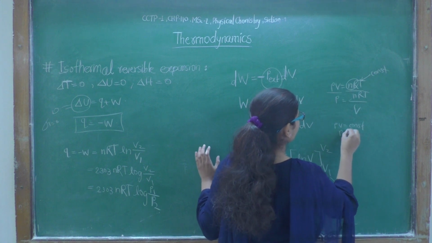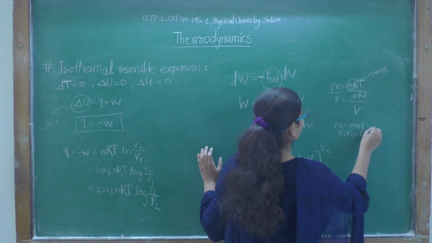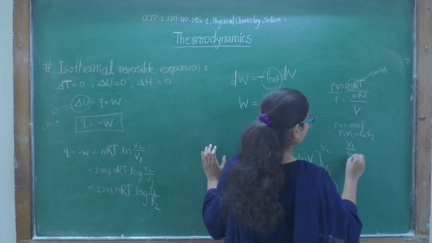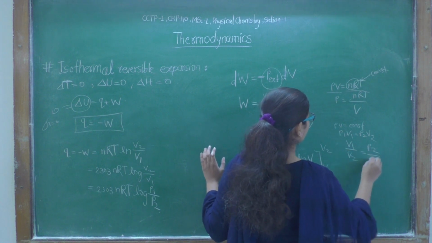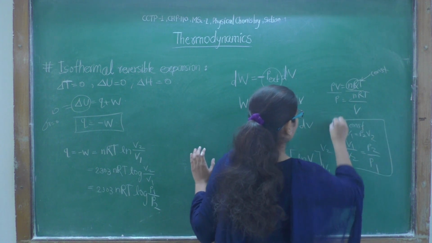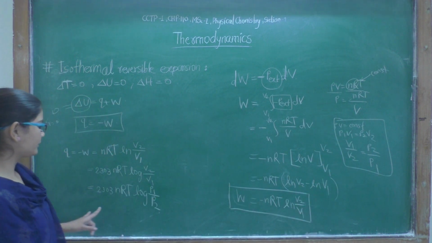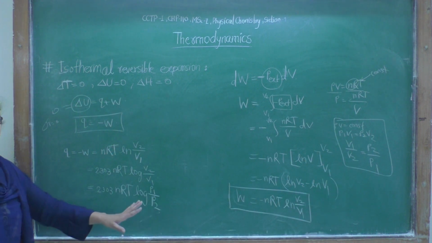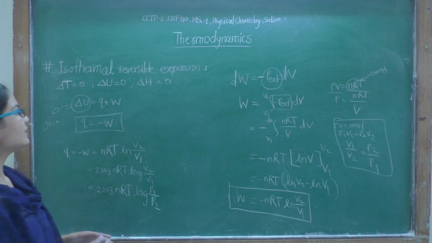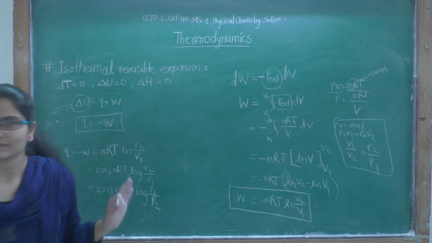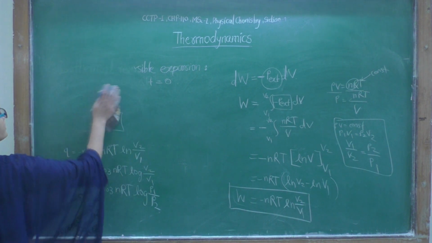So P1 V1 is equal to P2 V2, and V1 by V2 will be equal to P2 by P1. Therefore we can write this as 2.303 nRT log P1 upon P2. Got it? This is all about isothermal reversible expansion.